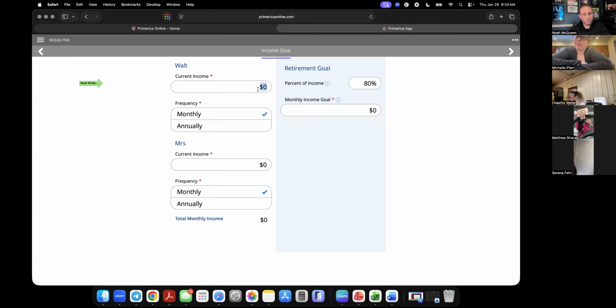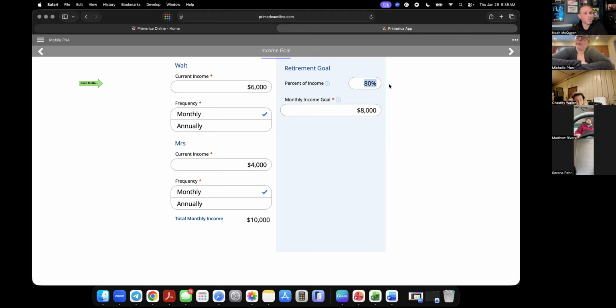So Michelle, for you and your spouse, let's just say Walt is going to make about 6,000 a month, and Mrs. Disney makes four, because it makes the math easy. On average, most people when they retire are going to need somewhere around 80% of their income to retire and not change their lifestyle.